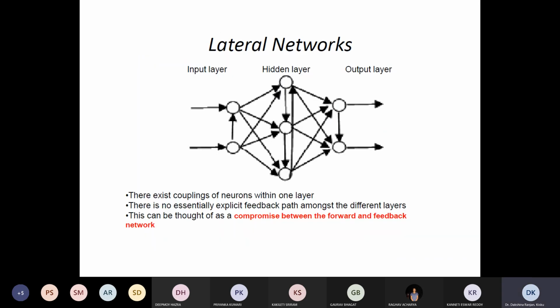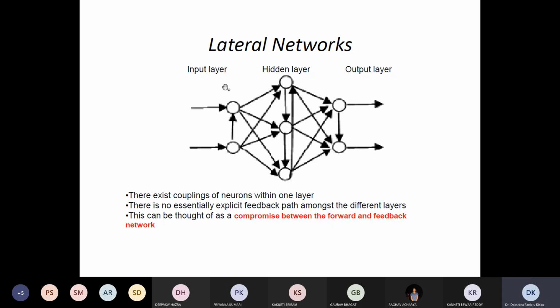Now we will consider the lateral network. So what is a lateral network? If I consider this lateral neural network architecture, everything else is found to be the same as the feed forward neural network, but there is only one difference. The difference is the couplings of neurons within one layer.